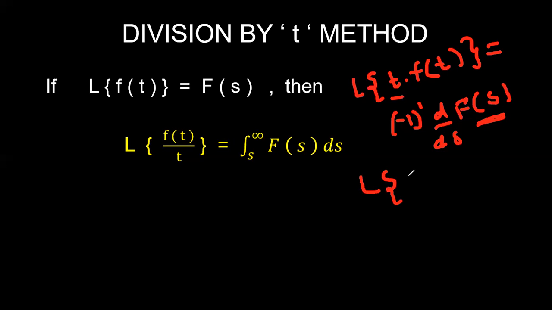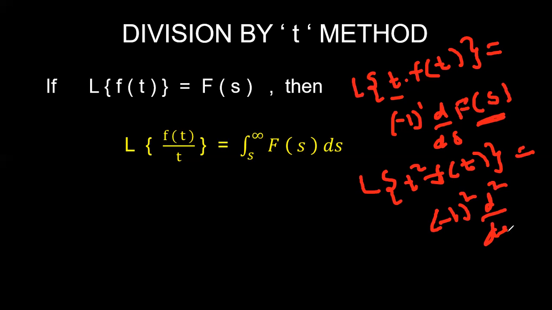If f of t is multiplied by t square, then the transform is equal to minus 1 whole square d square by ds square of F of s. So we have to differentiate the F of s function 2 times.